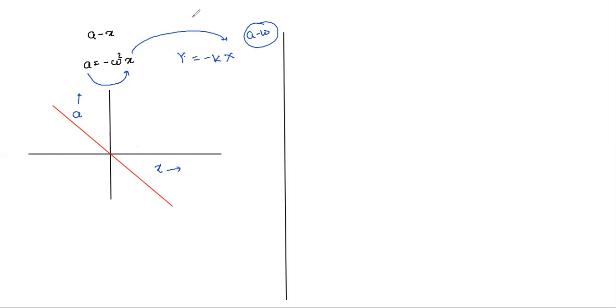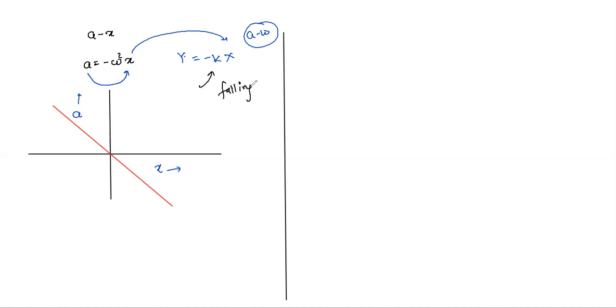Tell me which of the following is the correct graph: the red or the green line? Red. Why is red the right line? Because it has a negative slope. In this graph, the slope is negative, right? So we'll take a falling line.